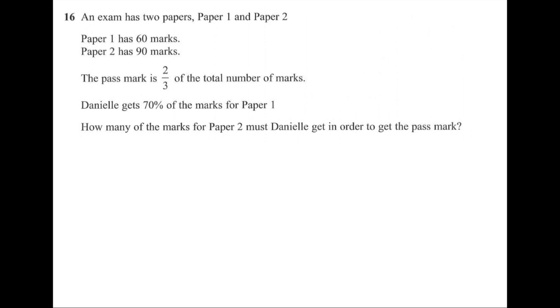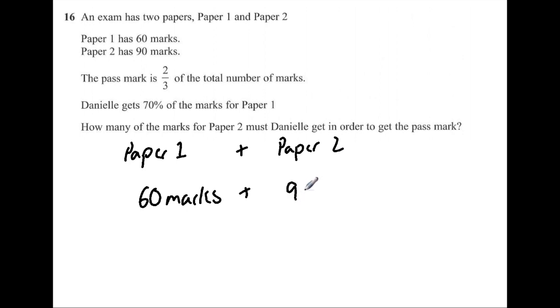So the first thing I'm going to do, I'm going to add the total marks from paper 1 and paper 2. So paper 1 has a total of 60 marks over here, plus paper 2, which is 90 marks. So the total is 150 marks.